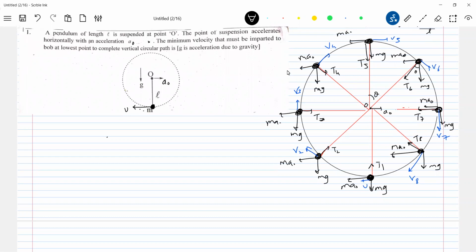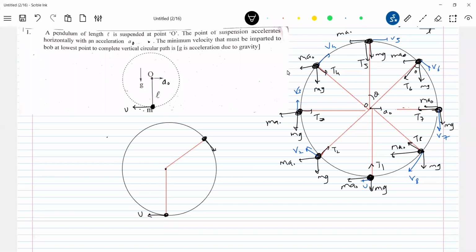I'll draw a circle. Okay, this is the bob. We have given velocity v at the lowest point.